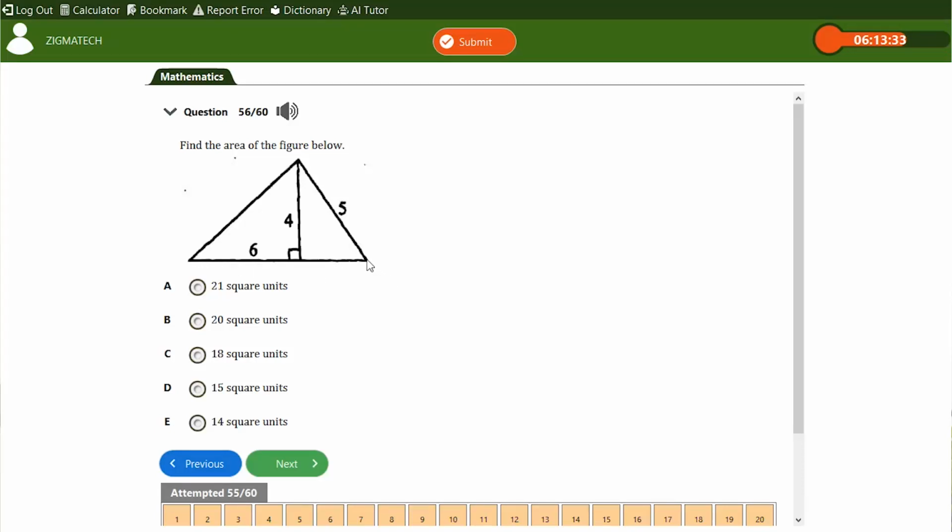We already know the height. The height is 4 cm, but we don't have the base. So let's look at this triangle. There are 2 right angle triangles here. So this smaller triangle here, we will look for the other side of it. So let's apply Pythagoras theorem.